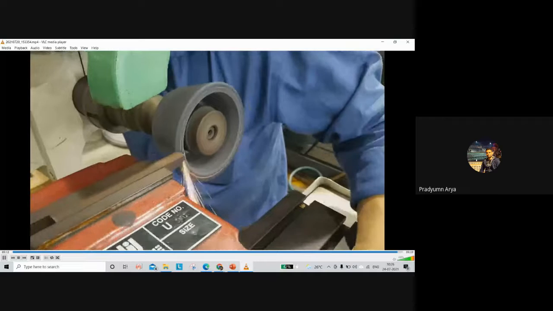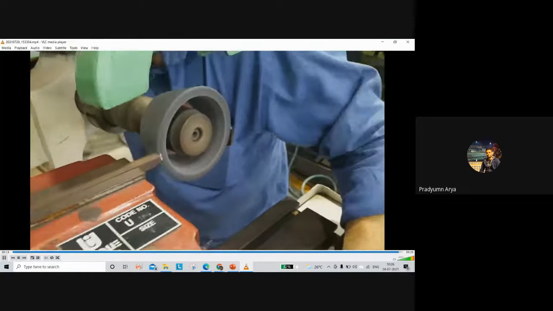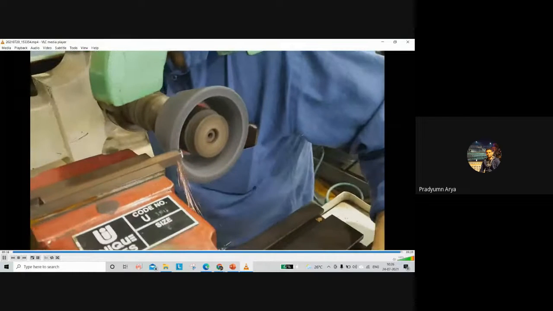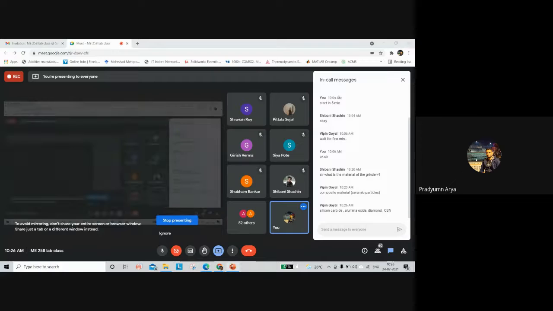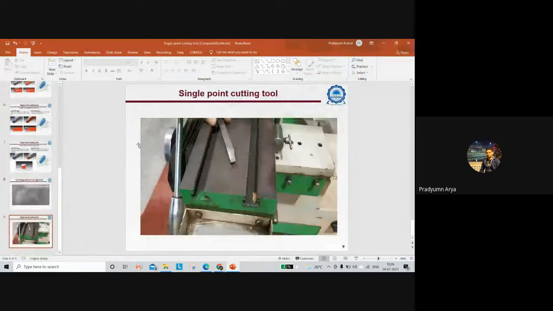And at last, we have provided the nose radius to the single point cutting tool after completing this process. And this is the final view of our tool after the finishing process.